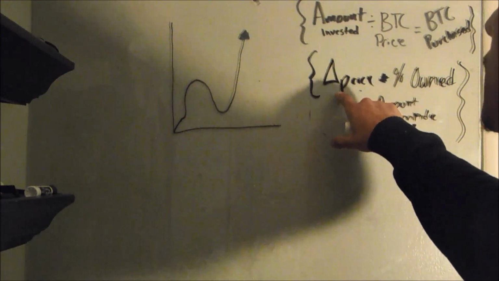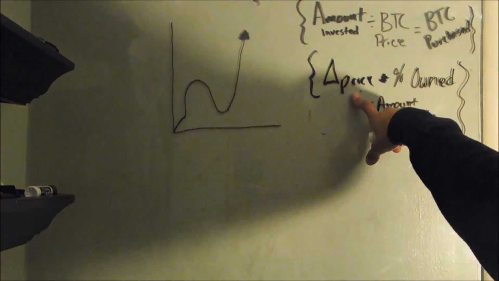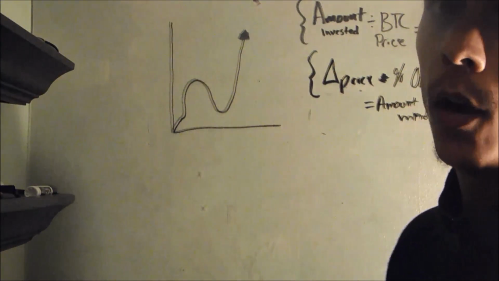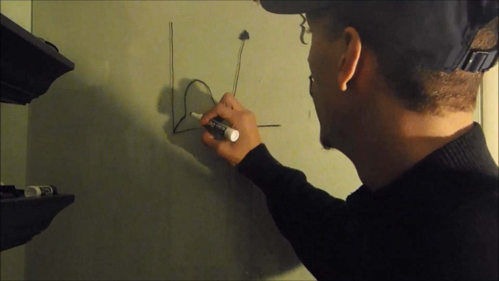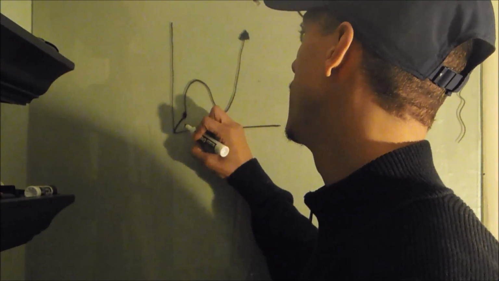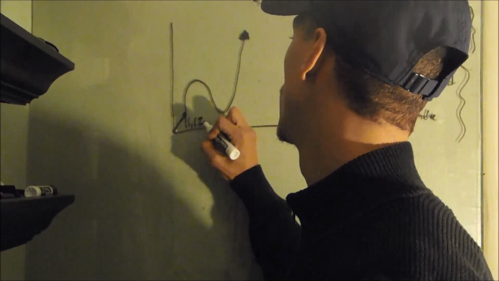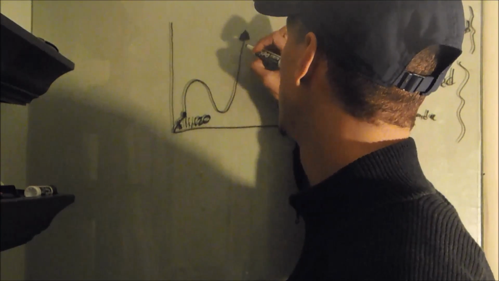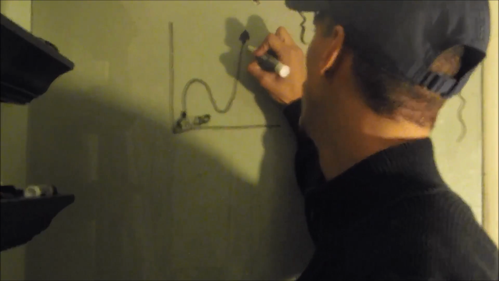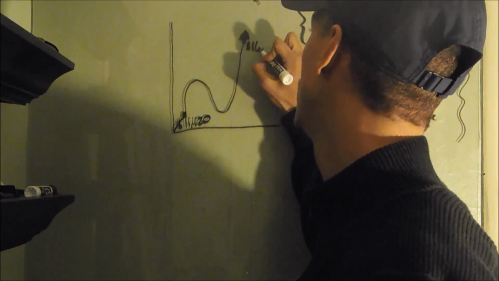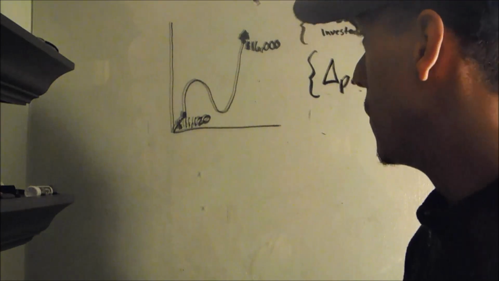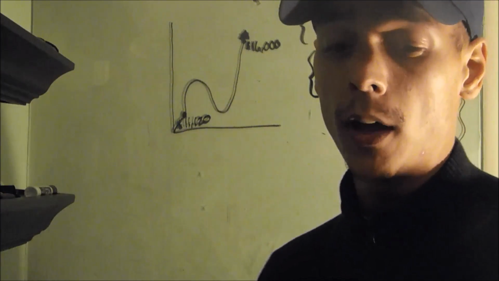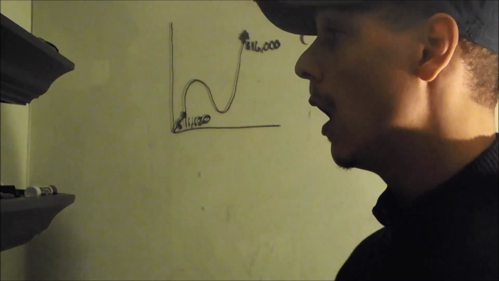Next we have: the change of the price multiplied by the percent owned is equal to the amount made. The change of price basically says if we have a point down here on the graph that is $11,120, and then up here we have a point on the graph that's 16,000, which is where Bitcoin was up at before, so more than likely it will go back up if it does start to rise again.